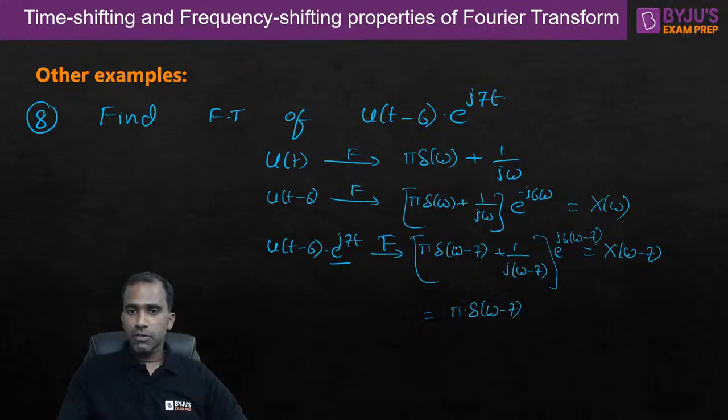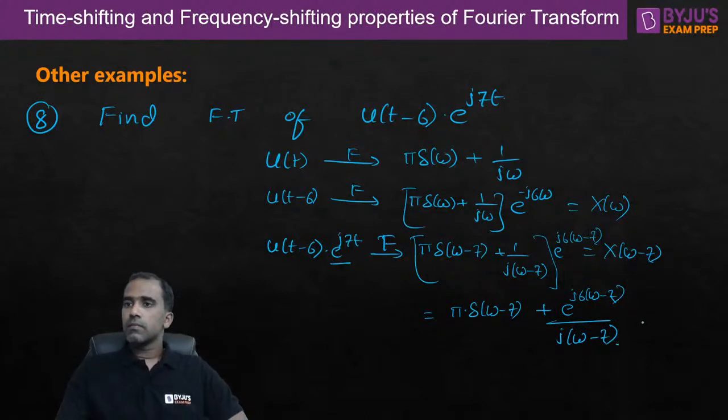And when you substitute omega with 7 here, it becomes 1. Plus the second part is e power j 6 into omega minus 7, divided by j into omega minus 7. That is the answer. So I've simplified the first part.